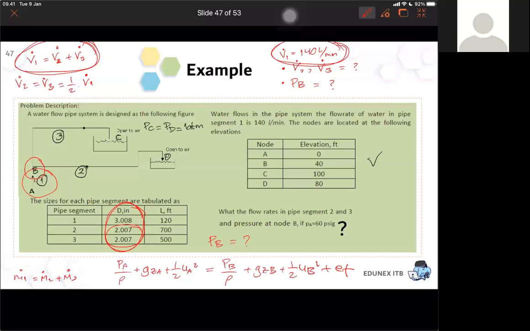Sir, the velocity at A and B, would it be the same, sir? Yeah, that's my next question. What is the value of UA and what is the value of UB? Since it's not branched yet, so I guess it should be the same. Yes, correct.